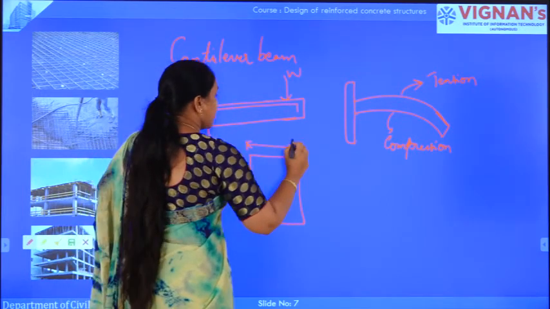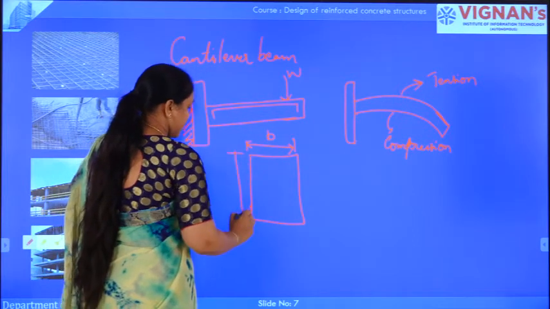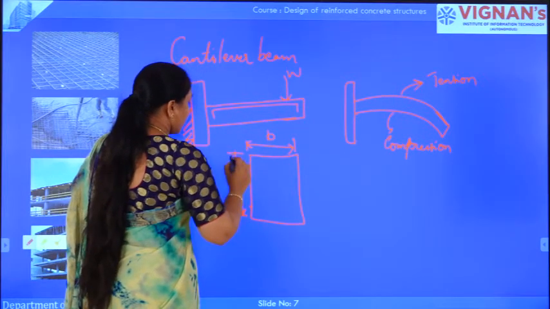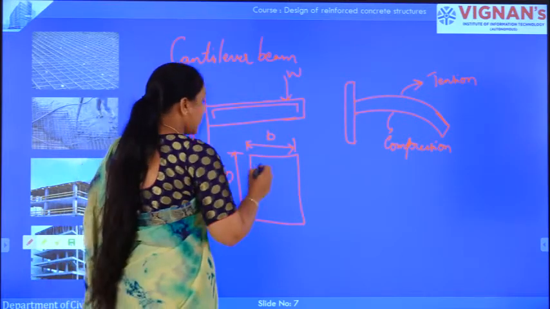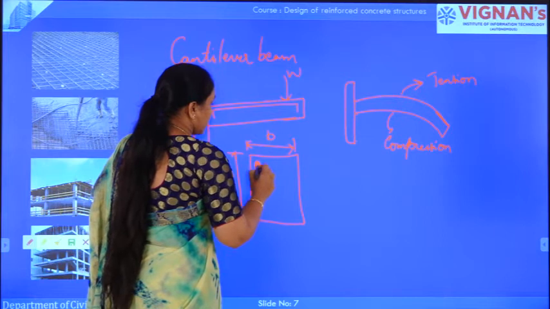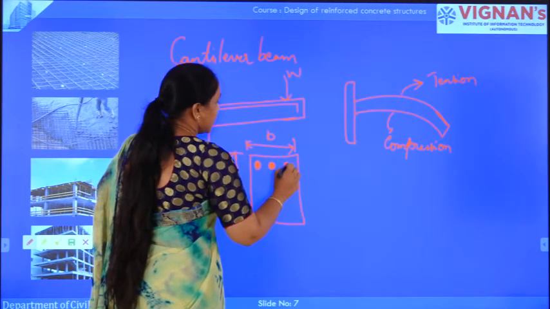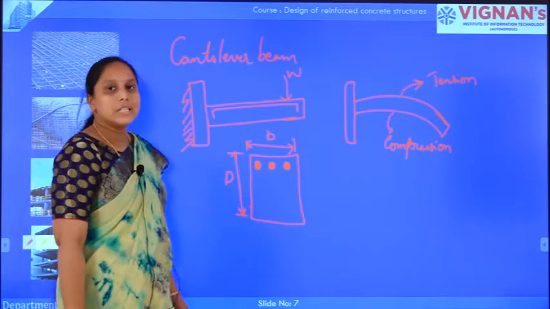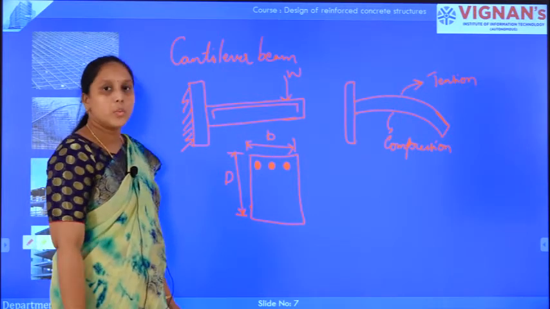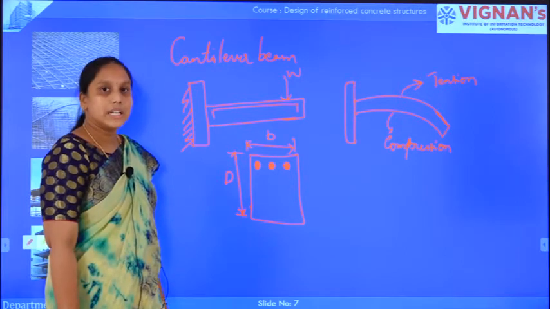This will be the breadth, this is going to be the depth, and the reinforcement is provided here at the topmost, that is on the tensile zone. So, a singly reinforced beam is a beam in which you provide the reinforcement in the tensile zone.